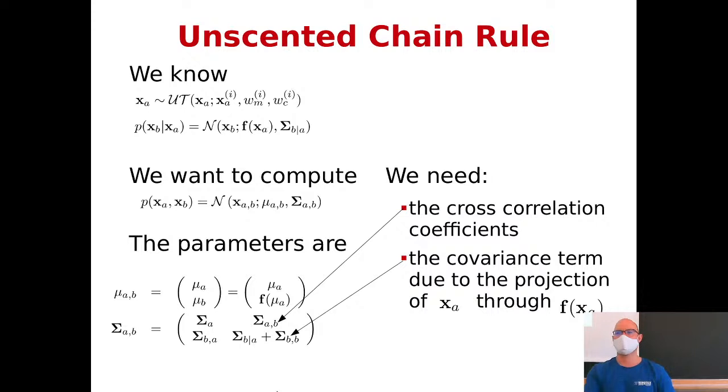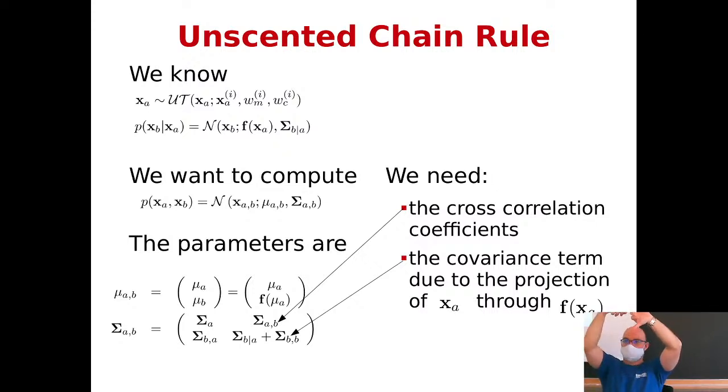But now, let me make you guess, to have an intuition on what we could do. We have an unscented distribution here, right? So we have a set of sigma points. What happens if we take each of these sigma points of xa and project it through f, which is the function that is moving the mean of my conditional distribution? We obtain a tiny vector which we will call xbi.